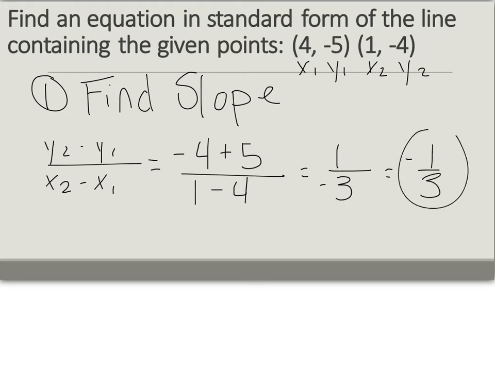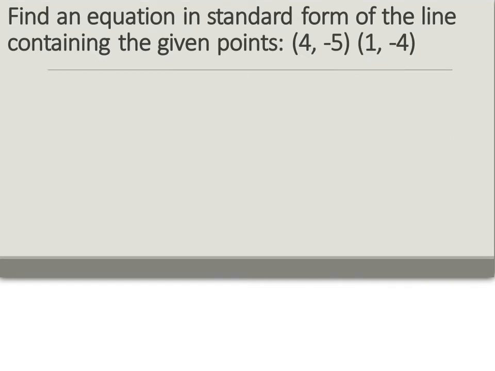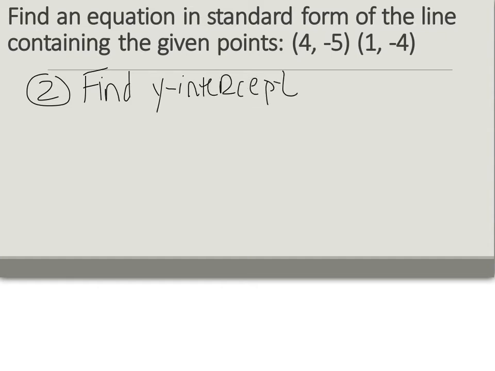Now we got to move on to step number 2. Step number 2, we have to find b, find the y-intercept, so that we can write our formula in slope-intercept form. So we found our slope. We know that m is equal to -1/3.